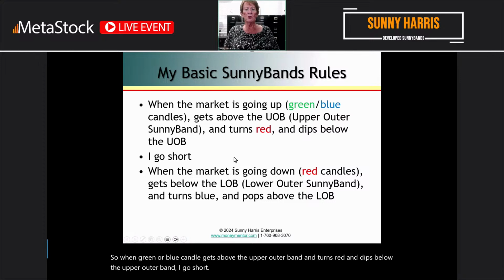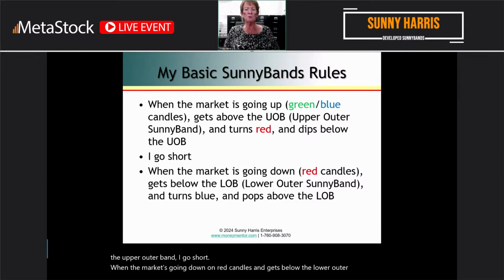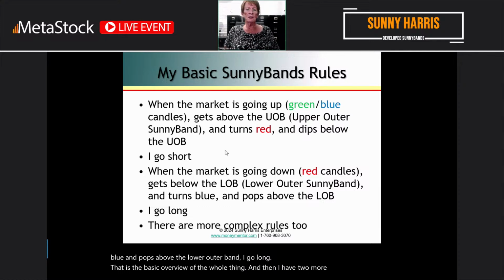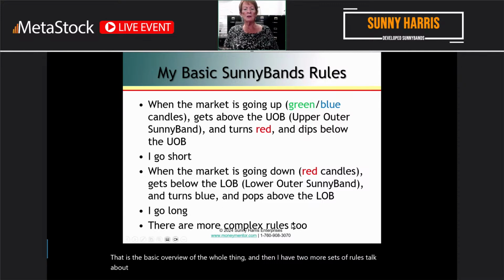When the market's going down on red candles and gets below the lower outer band and turns blue and pops above the lower outer band, I go long. That is the basic overview of the whole thing. And then I have 2 more sets of rules, the complex rules, that talk about the ways that you can modify it a little bit.